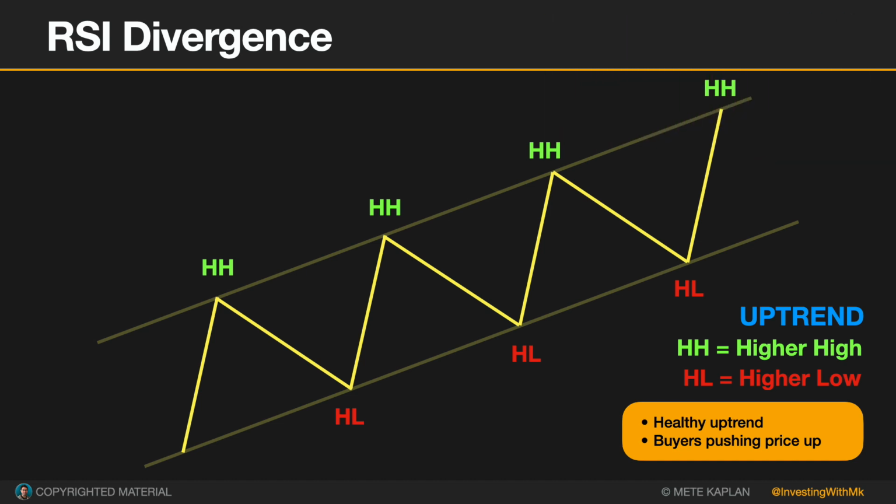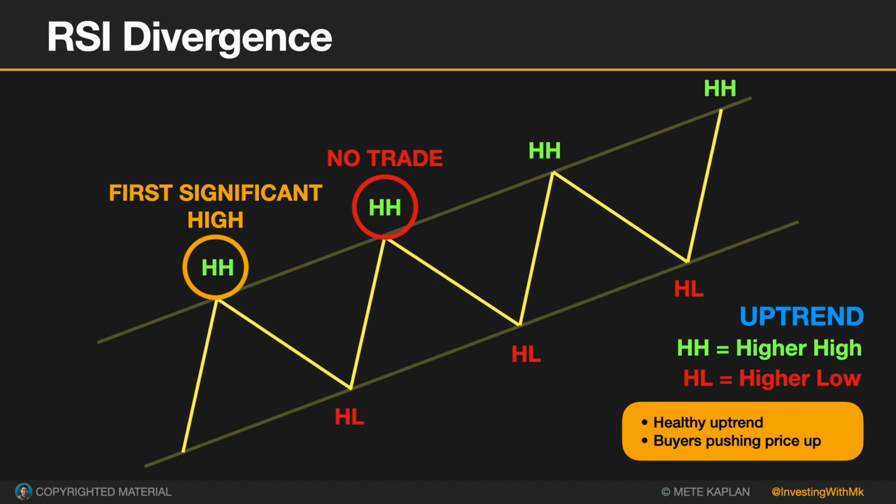This is why I use my 4-step RSI divergence trading strategy. I always wait for the first significant higher high or a lower low, and I always skip second higher high because I do not know anything about the market structure or the momentum at the moment.